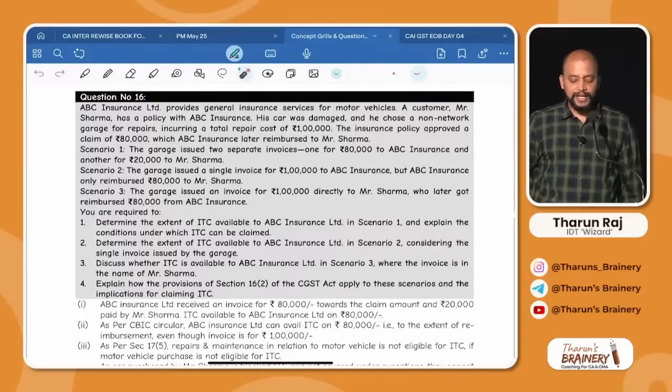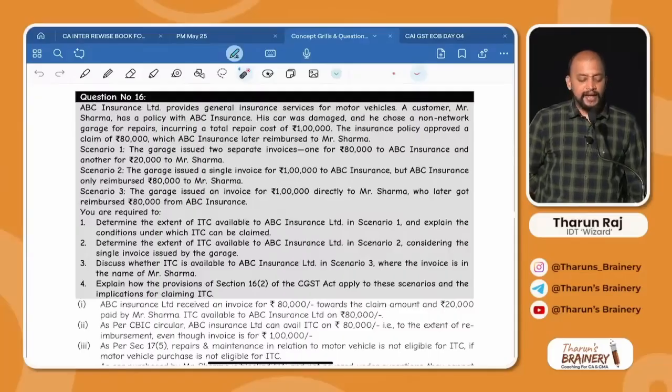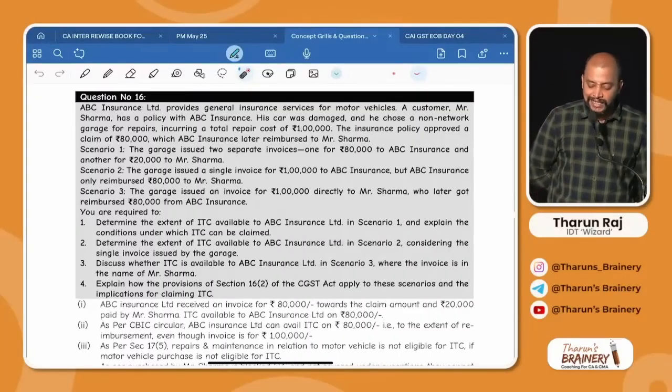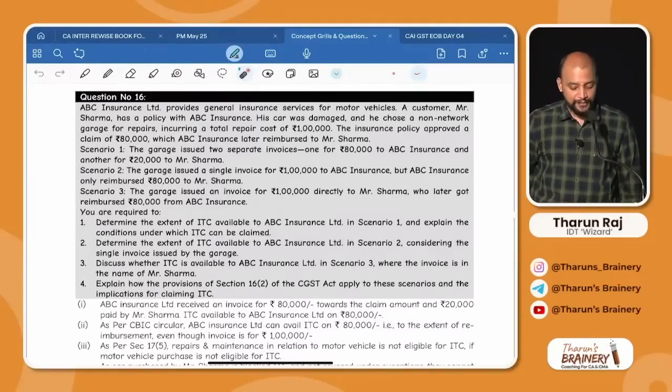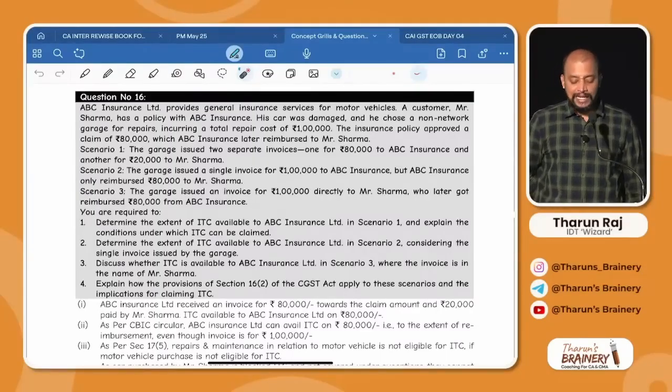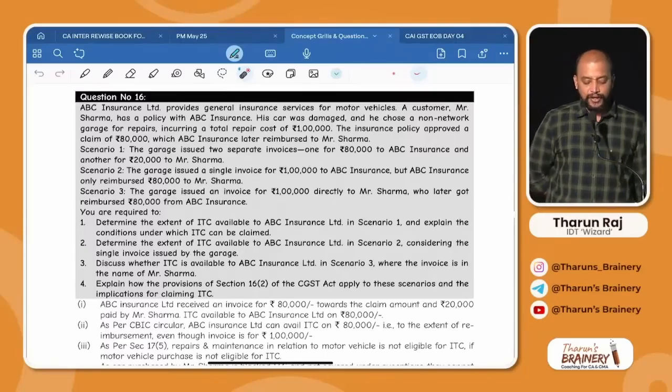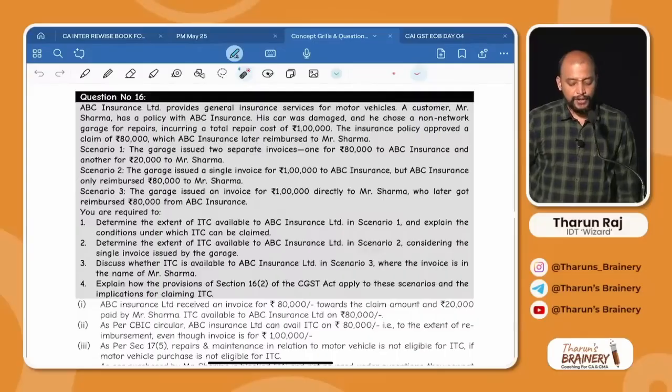He incurred a total repair cost of 1 lakh. The insurance company approved a claim of 80,000, which ABC Insurance later reimbursed to Mr. Sharma. Scenario number 1: the garage issued 2 separate invoices, one for 80,000 to ABC and another for 20,000 to Mr. Sharma. What is your answer?